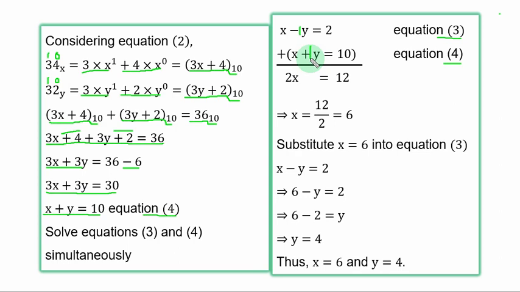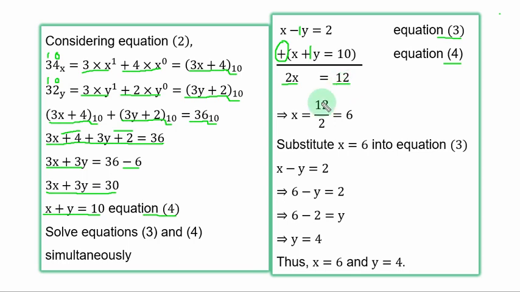The signs are opposite, plus and minus, so you need to add for you to eliminate it. So s plus s, you have 2s; minus y plus y is 0. 2 plus 10 is 12.